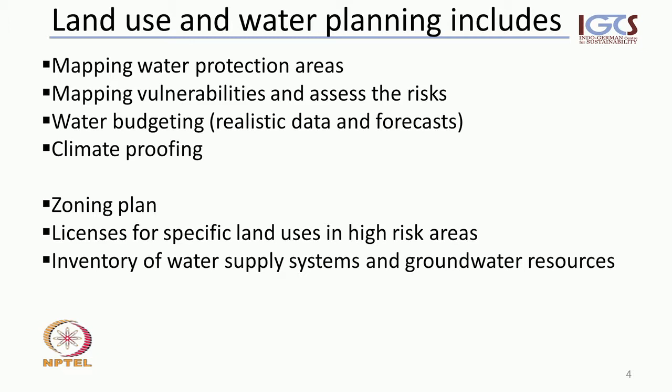Land use and water planning should also include a zoning plan based on these mapping exercises and budgeting. The outcome should be a zoning plan, and there should be a license scheme based on these inputs for specific land uses in what was identified as high-risk areas.